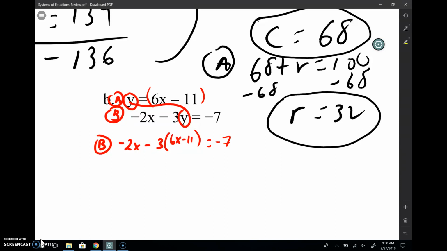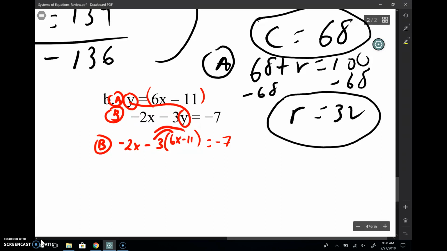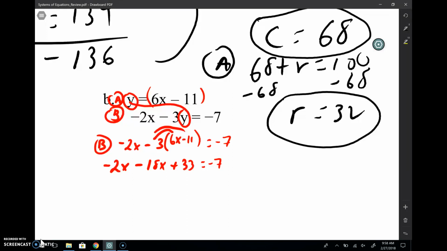First thing we need to do is we see parentheses, so we need to clean that up. So we need to distribute. That's a negative 3, so I get negative 2x minus 18x plus 33 is equal to negative 7. Next step, let's clean up one side before we start maneuvering things around.